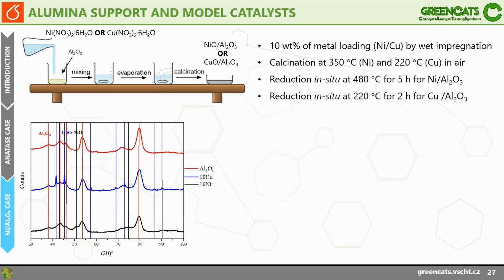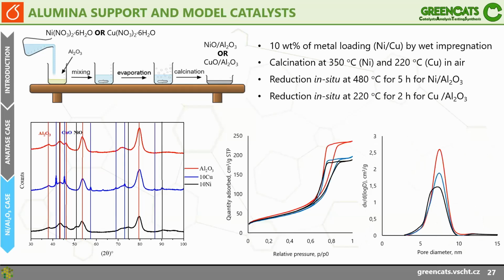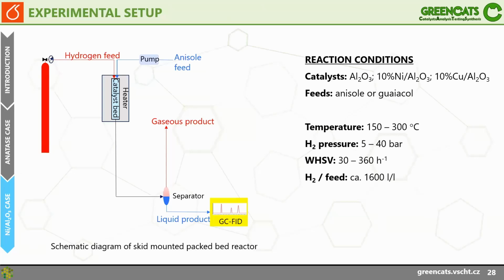Here, just to show, we have the copper there, we have the nickel in the system, and we have some drop in the surface area, but nothing that should worry us. We were performing the tests in a small tubular flow reactor, which is highlighted here, and you can also see the conditions.